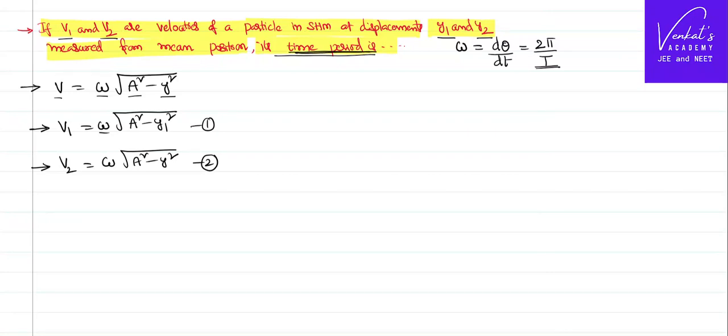So what can be eliminated? The amplitude can be eliminated because we want the answer in terms of y1 and y2.